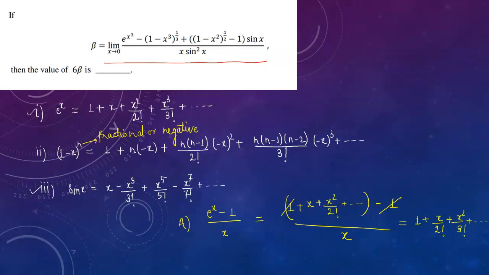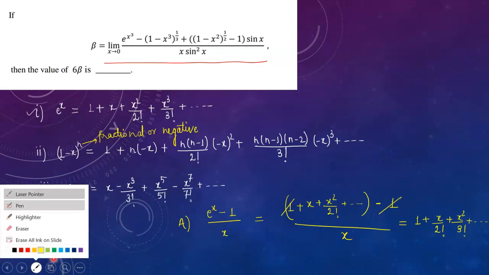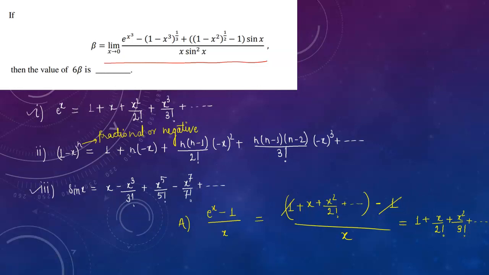On taking limit x tends to 0, the limit of e to the power x minus 1 upon x will be 1.